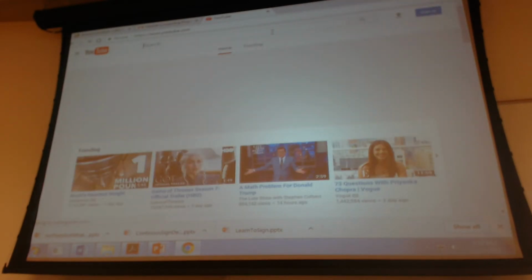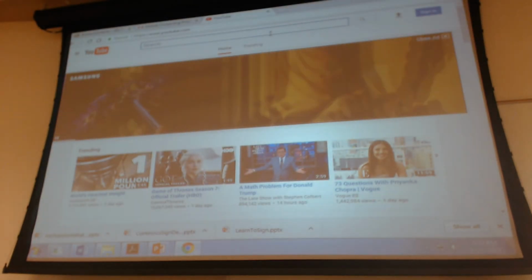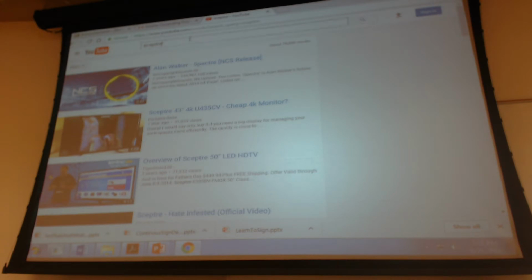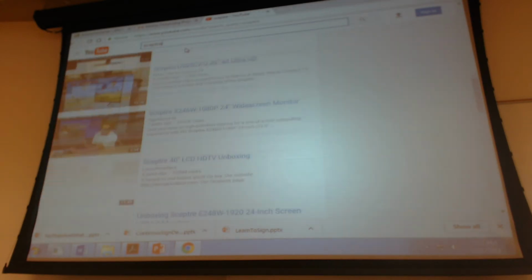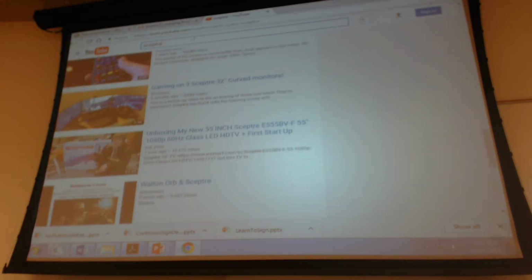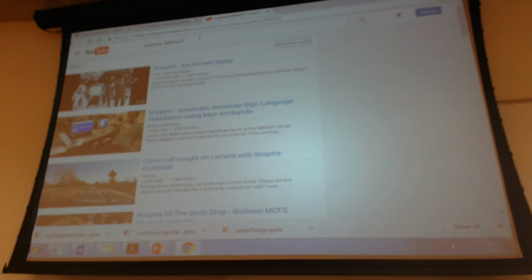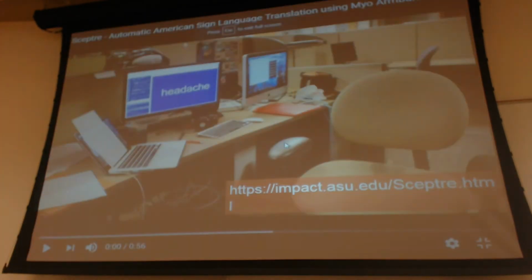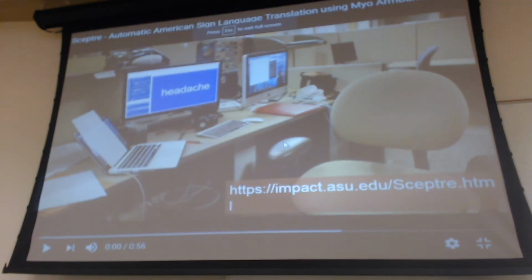So that is one of the projects. The other project is called Spectrum. This is also related to gesture recognition, but a different type of gesture. So this is a project where you do sign language recognition.